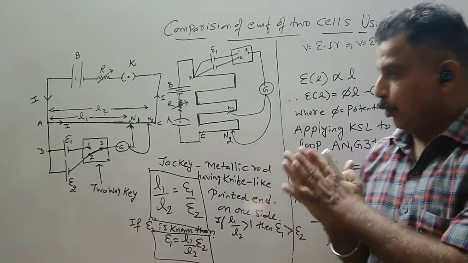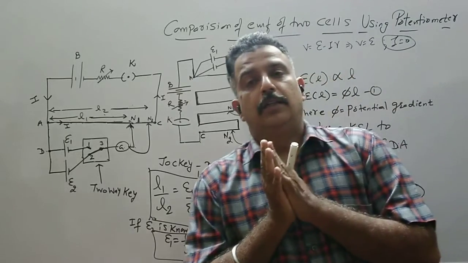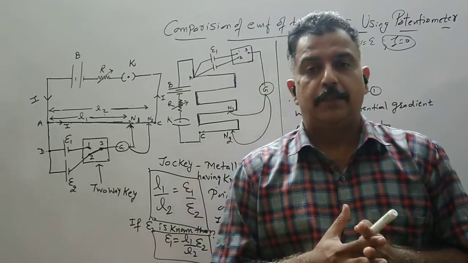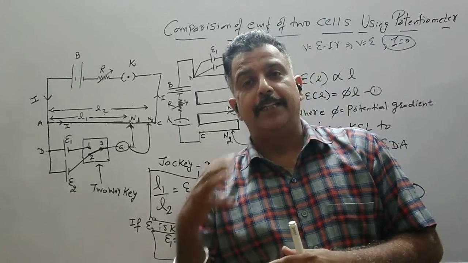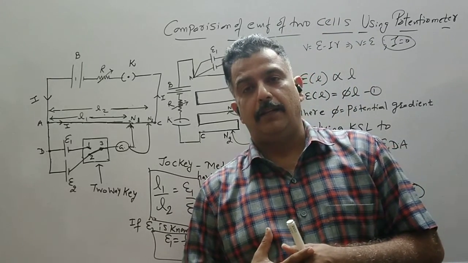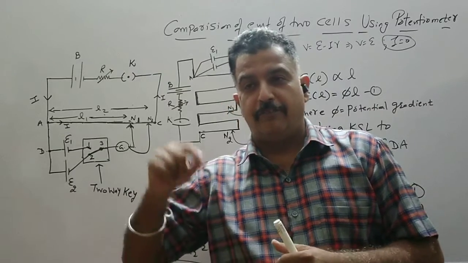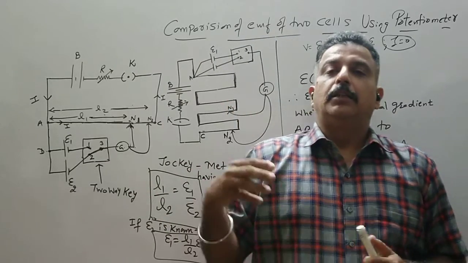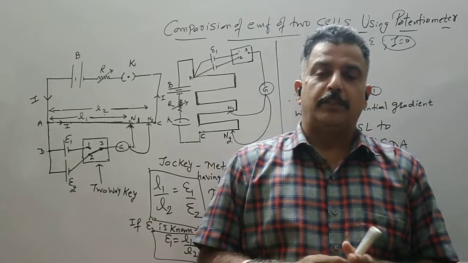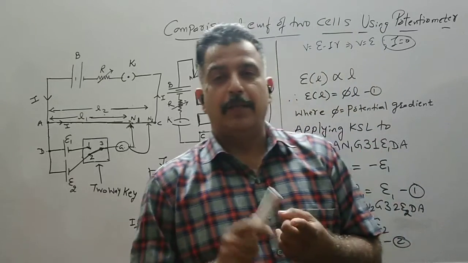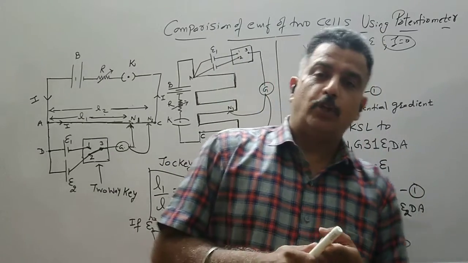of the potentiometer, and the next use is how to find out the internal resistance of the cell. So if we talk about the uses of a potentiometer, first is it can measure the EMF. A voltmeter cannot measure EMF.